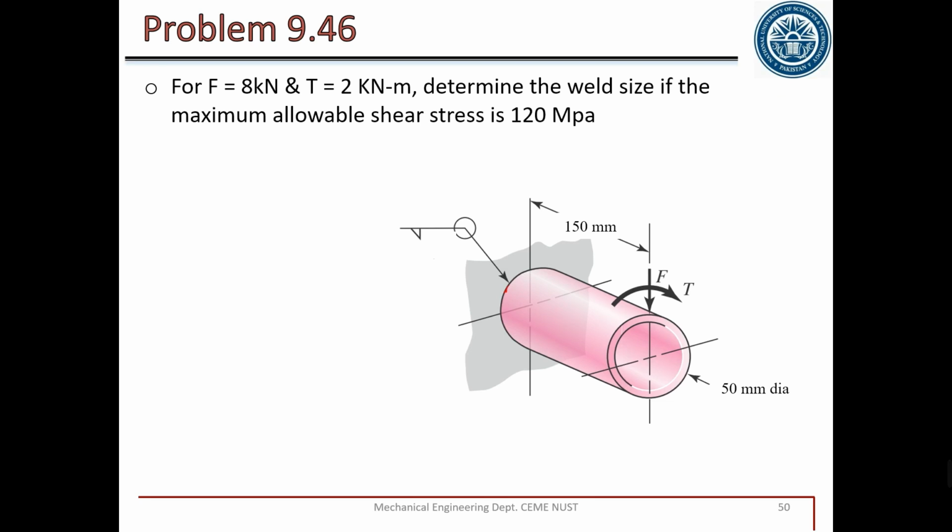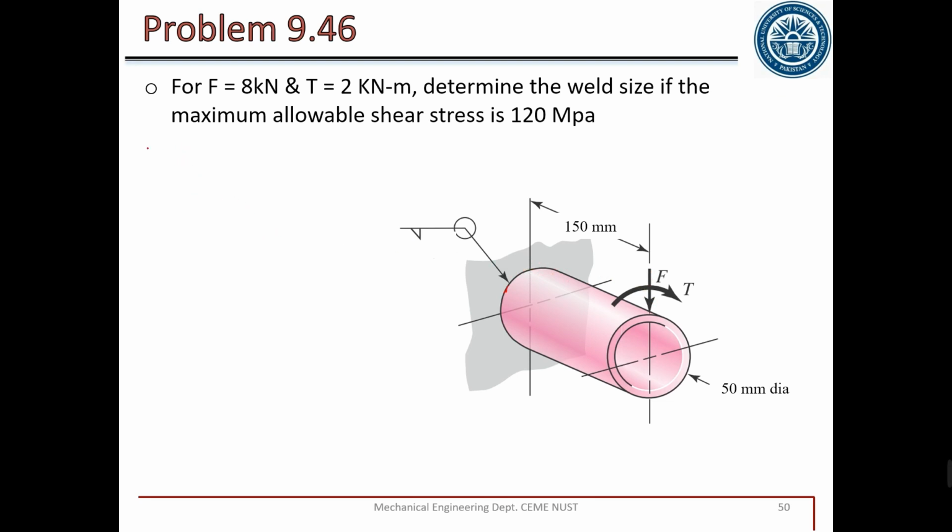Starting with this specific problem, we have force F. This force will cause primary shear at this surface. This torque will cause secondary shear, and this F will also cause bending, which is a tertiary shear on the surface.